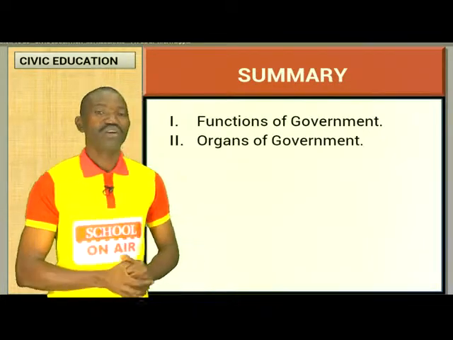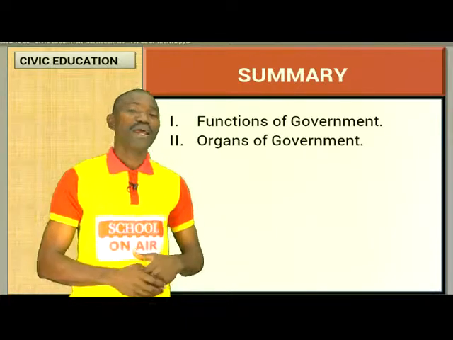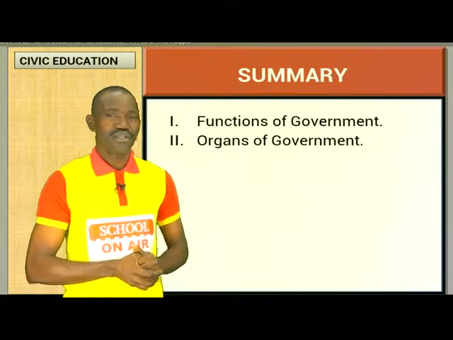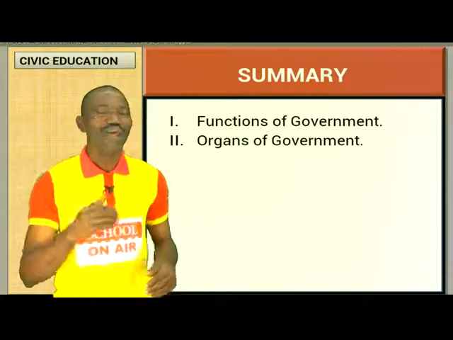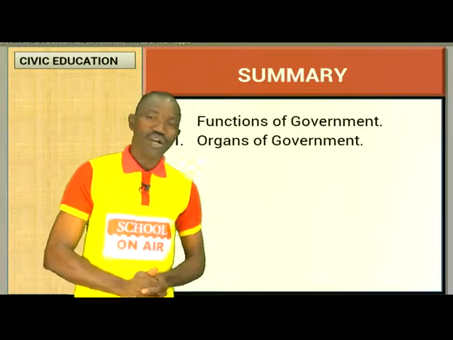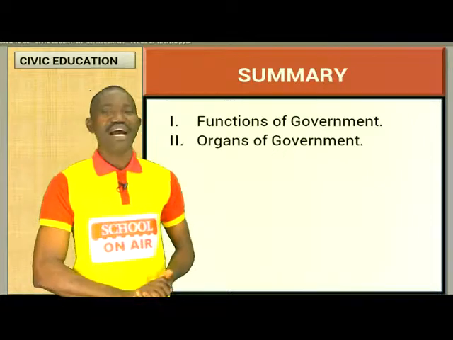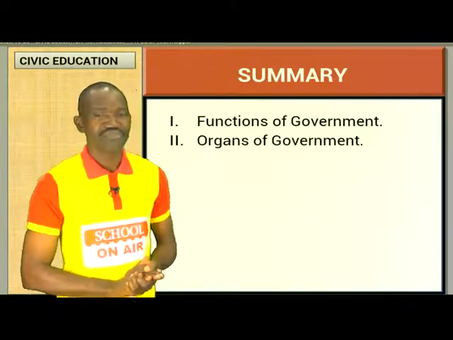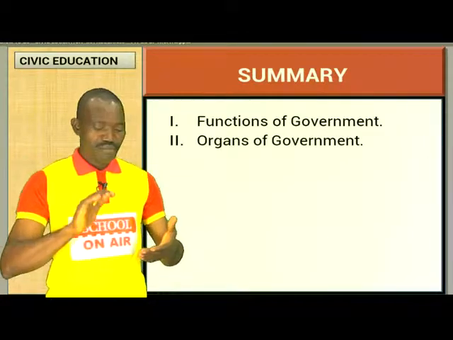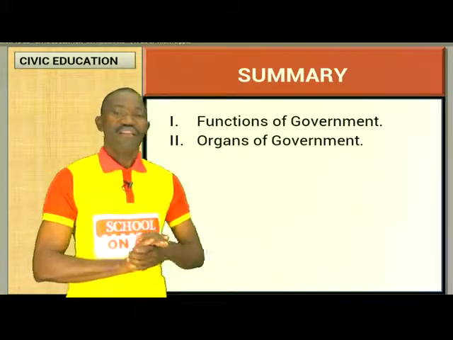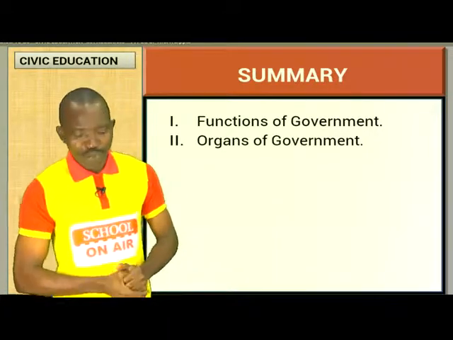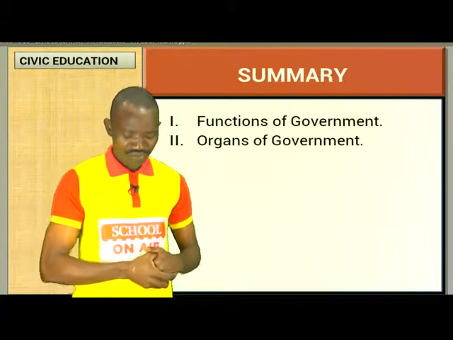We also talk about the House of Representatives, comprising 360 members. We talk about principal officers of the house, namely the Speaker, the Deputy Speaker, the Majority Leader, the Minority Leader, the Chief Whip, and so on.